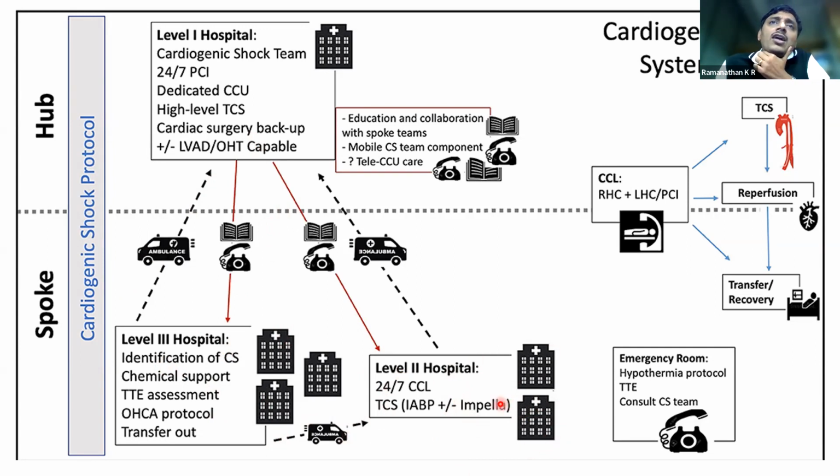So again, organization of a system of care such as this, with a hub and spoke model, also helps improve outcomes in cardiogenic shock.